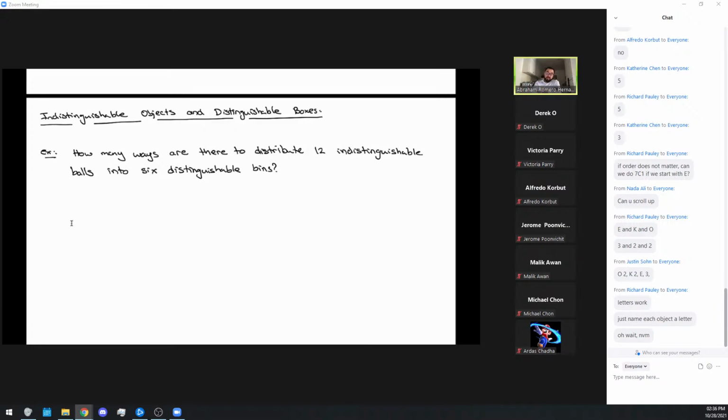So what if we have something like this? We have indistinguishable objects, meaning I can't tell them apart. These objects are identical. And then I have distinguishable boxes, which I can tell apart. Well, this scenario is actually very similar to what we have done before. Think of the scenario of what we did with the croissants and the donuts.